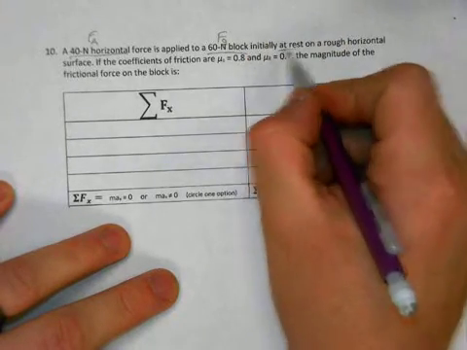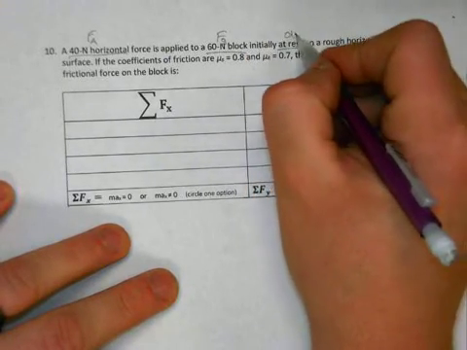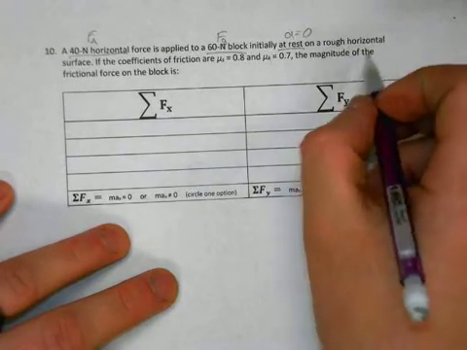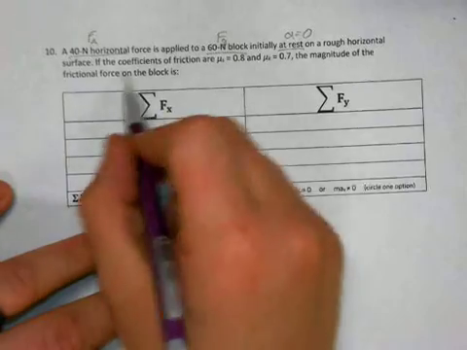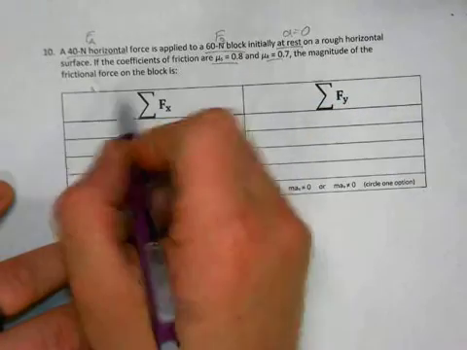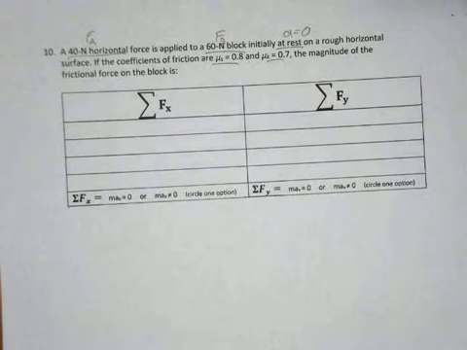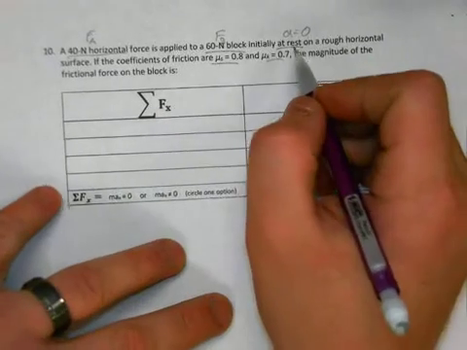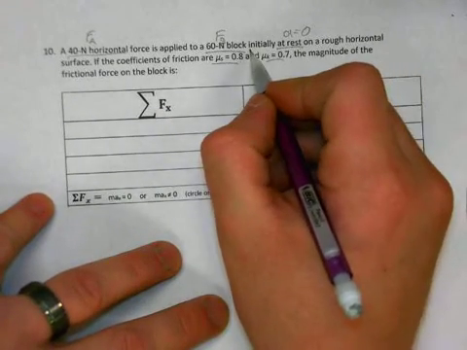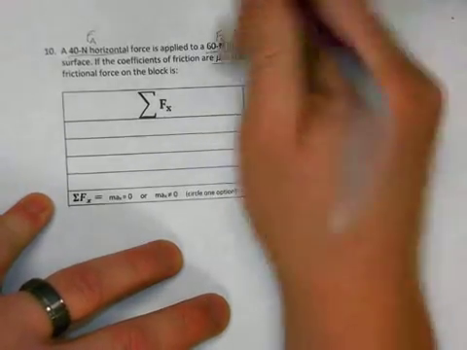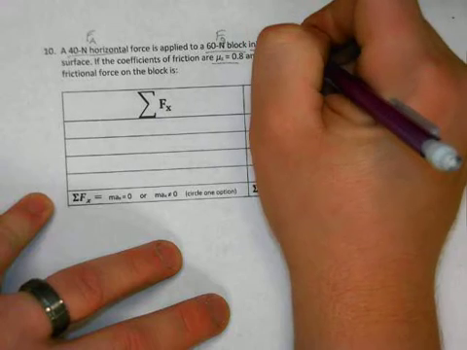At rest, so acceleration equals 0 on a rough horizontal surface. If the coefficients of friction are this and this, the magnitude of the frictional force of the block is, well, I'm sorry, I take this back. It was initially at rest. Excuse me. So that does not mean acceleration is equal to 0.